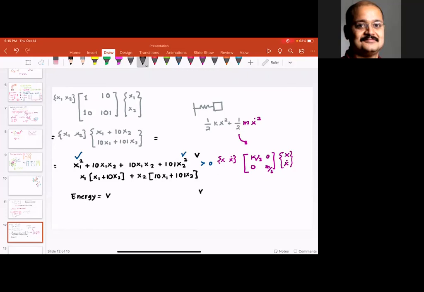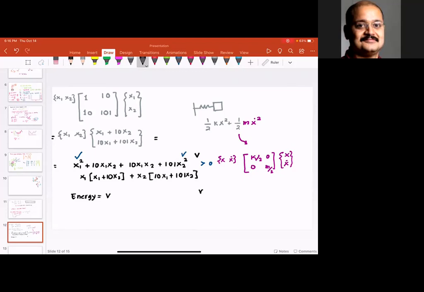Now the question here is whether the system is stable or unstable. To determine whether the system is stable or unstable, what we do is we find out the rate of change of energy.